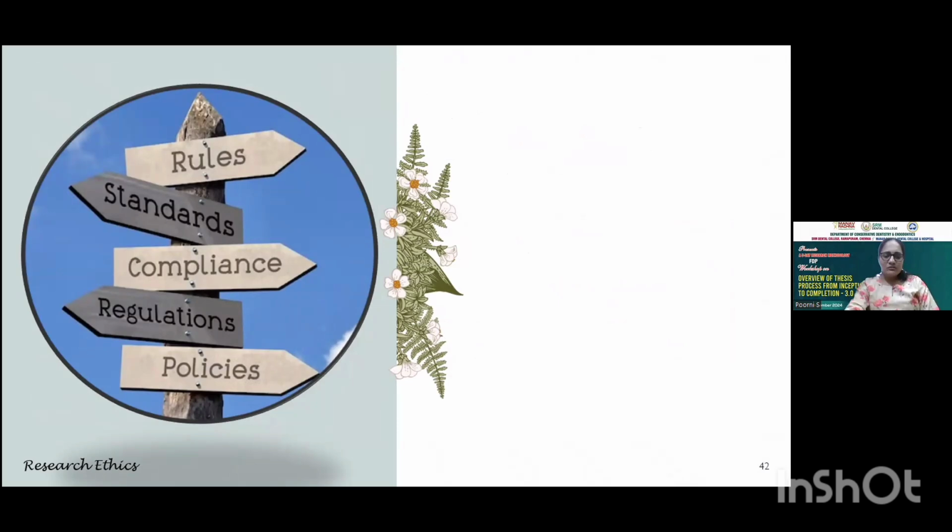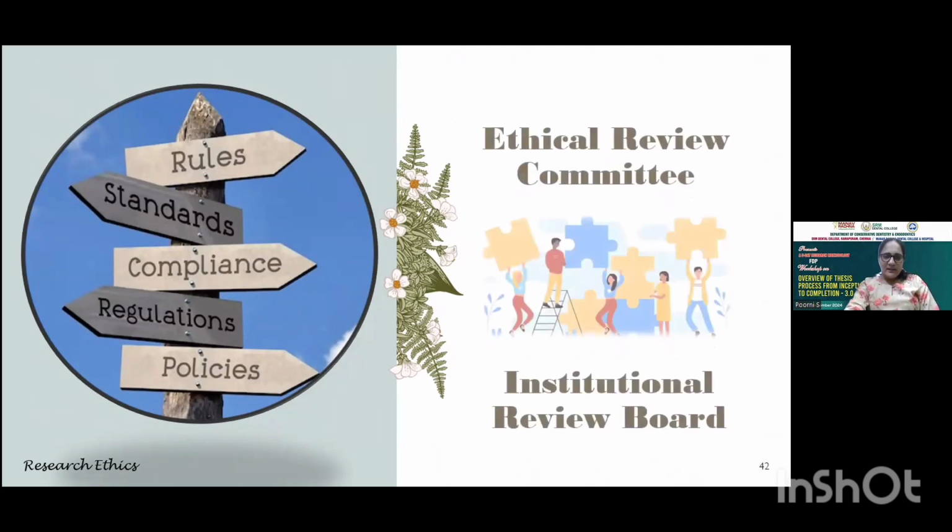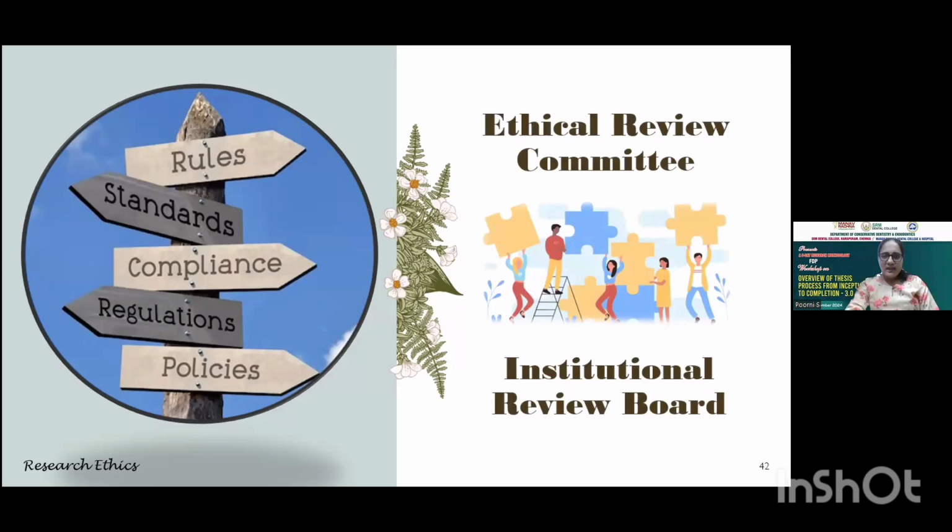So who controls, or who sets the standards or regulates all the policies? It is the institution's ethical review committee or the institutional review board, which will monitor the various standards of any research conducted in that particular institution.